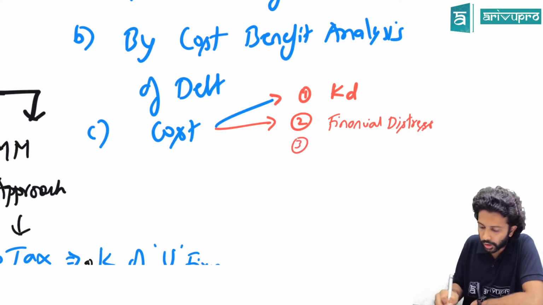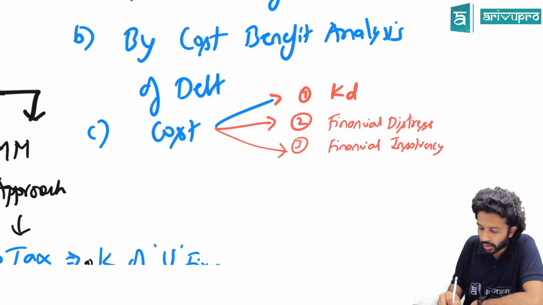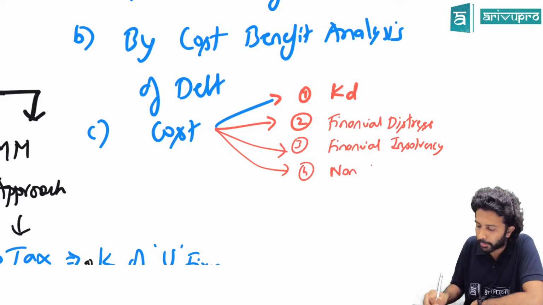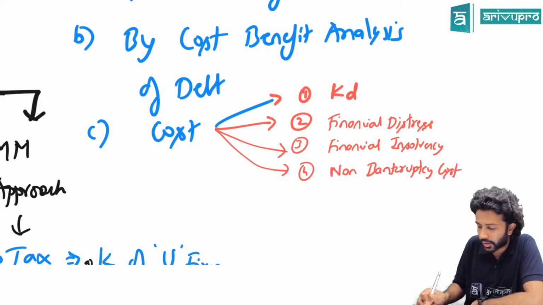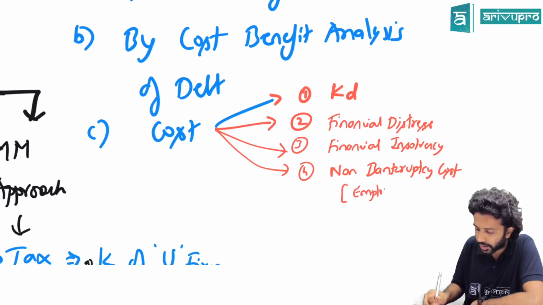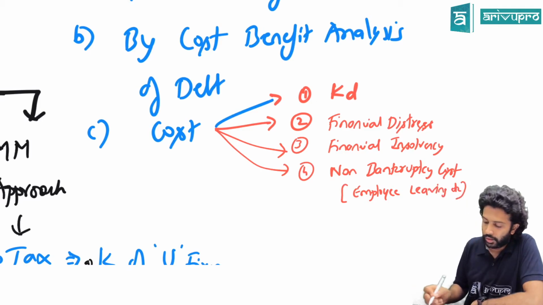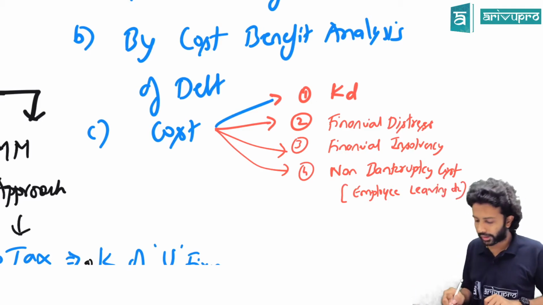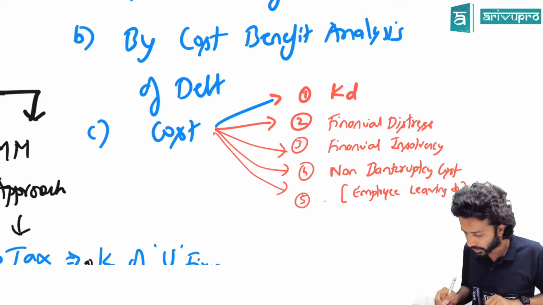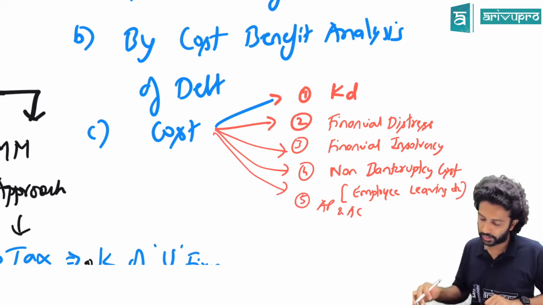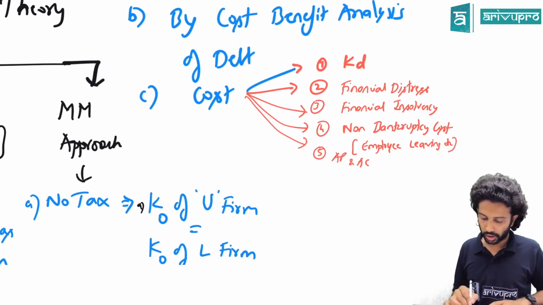If this goes on for a long period of time, that financial distress can result in financial insolvency. There could also be certain non-bankruptcy costs, like employees leaving, etc. Also it could create some agency problem and agency cost.